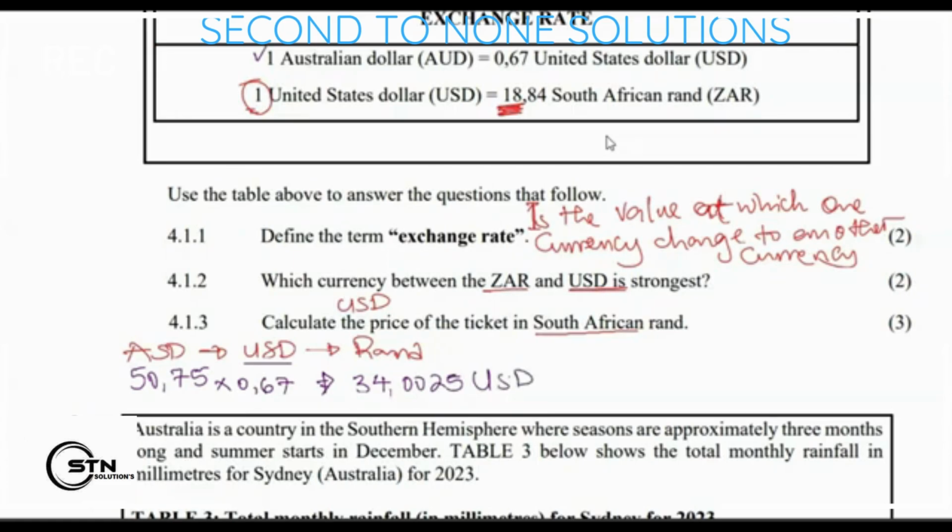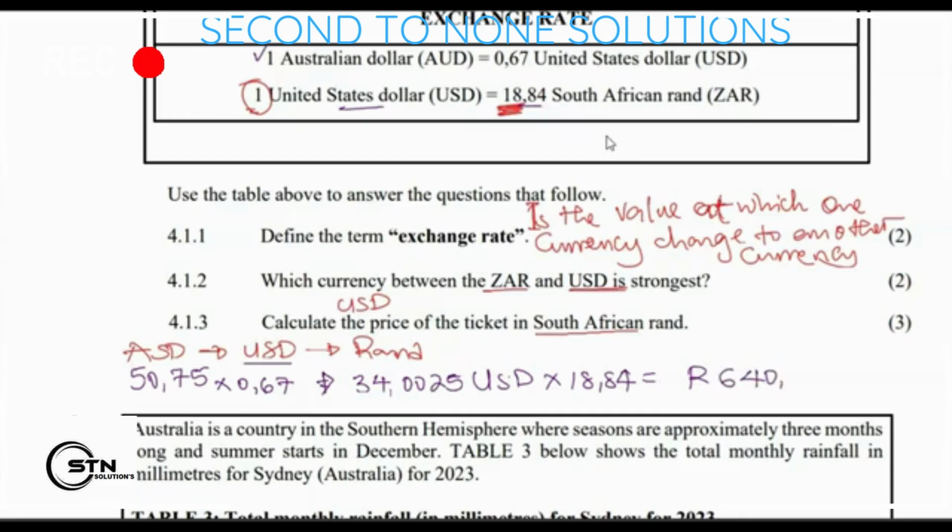These are US dollars. Now, US dollars to rands. If you only have one US dollar, you have 18. This means you're going to multiply by that. Now here, for the final answer, you can round off.